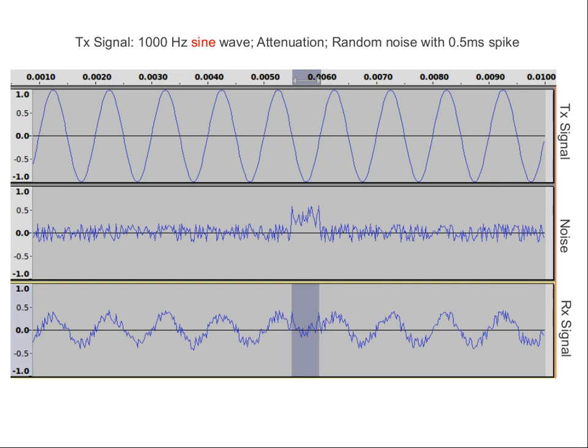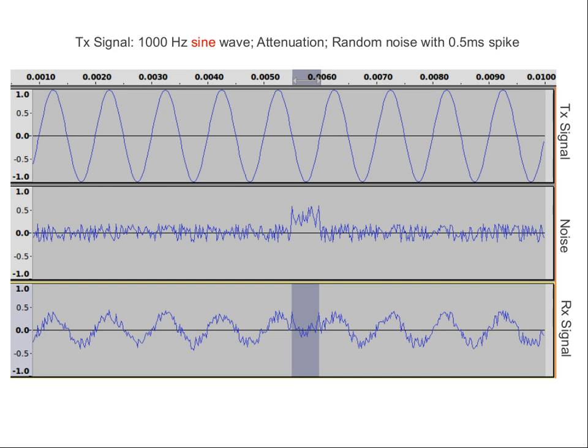In fact, there's also attenuation. Our transmitted signal varies between -1 and +1. That's the magnitude. With attenuation, it gets weaker, so the received signal varies between -0.5 and +0.5, plus the noise. So add in the noise, and you get this going up and down, but with some variations due to the noise.